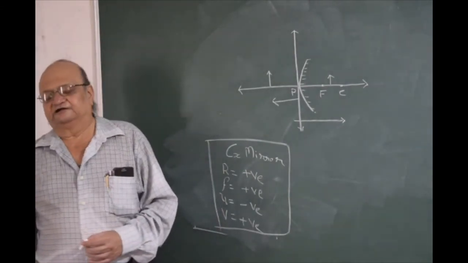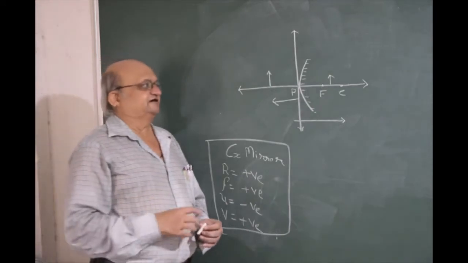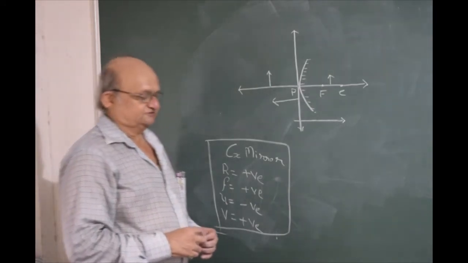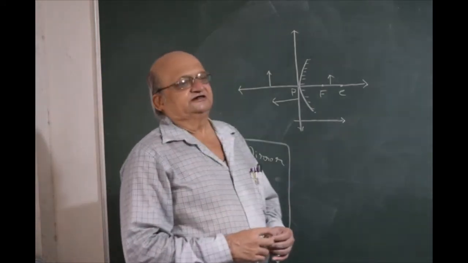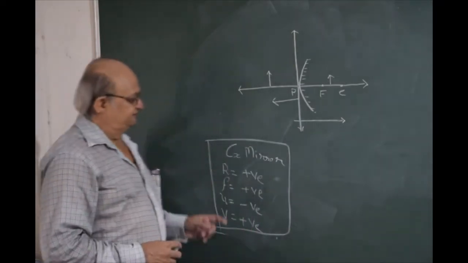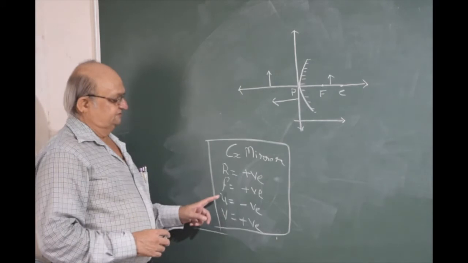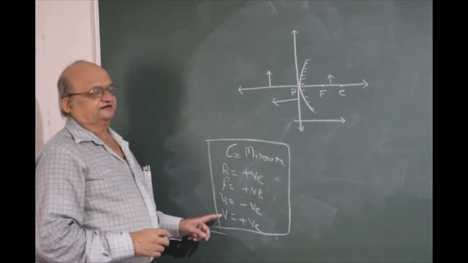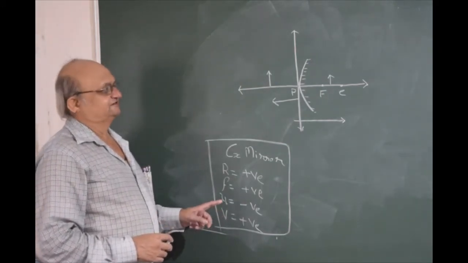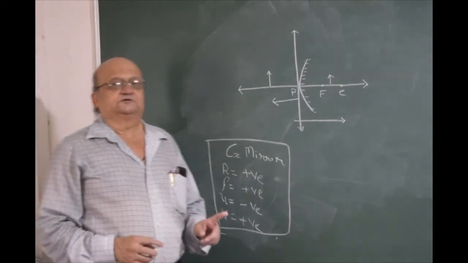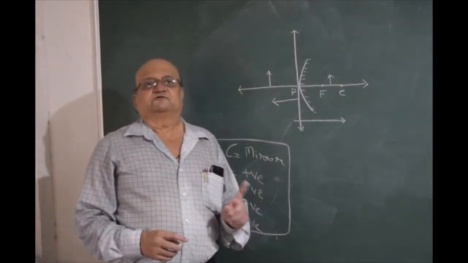Why do we require these Cartesian signs? Because there is a relationship between the radius of curvature, principal focus, object distance and image distance, and this relation is called the mirror formula.